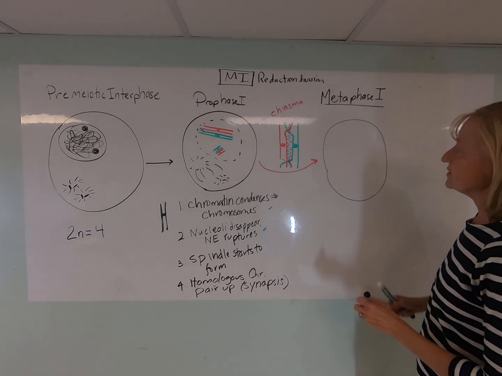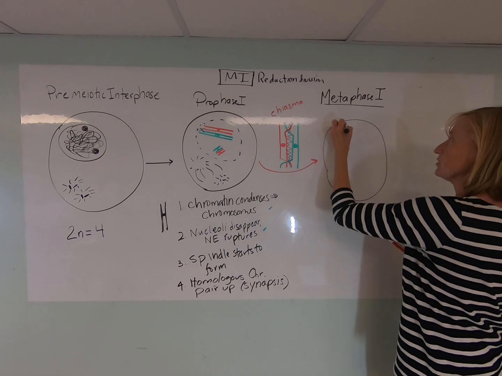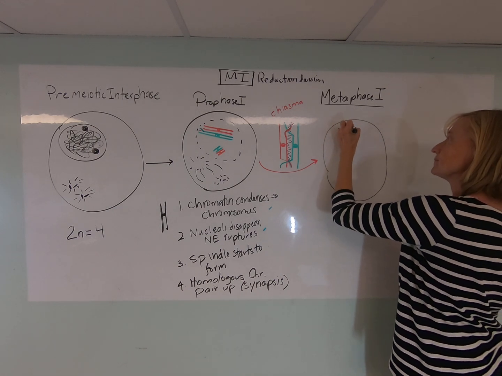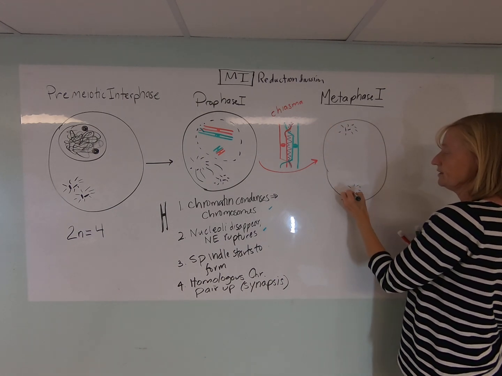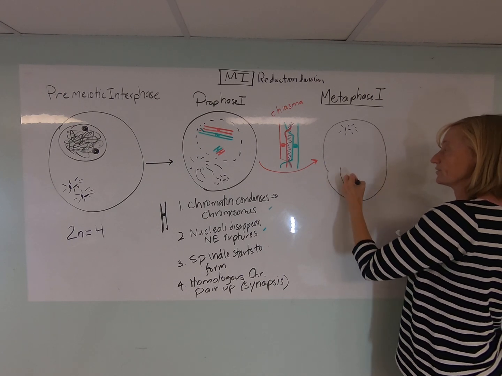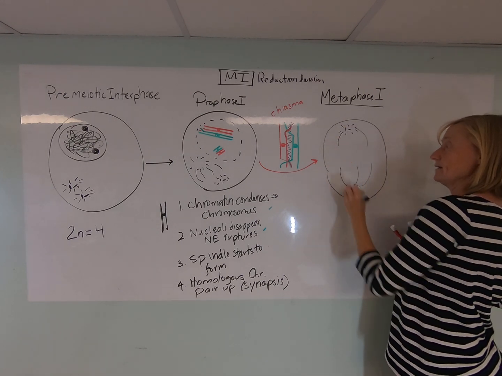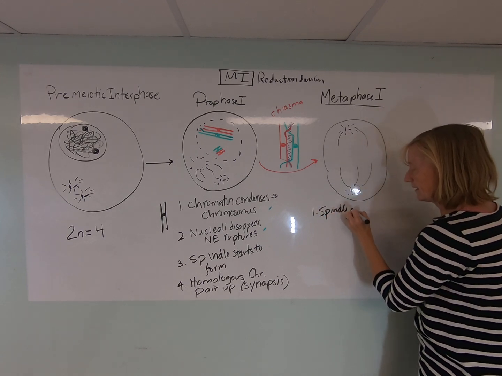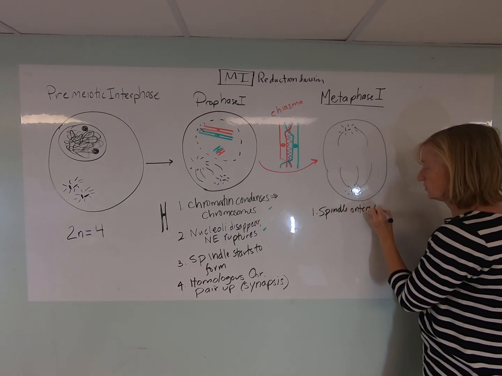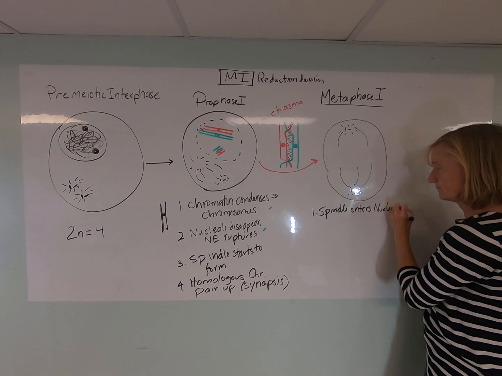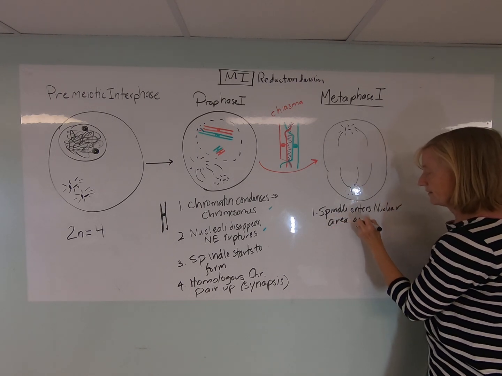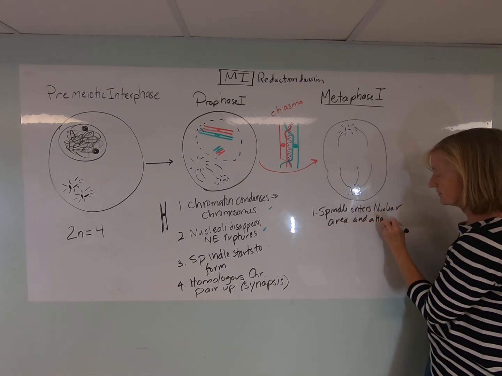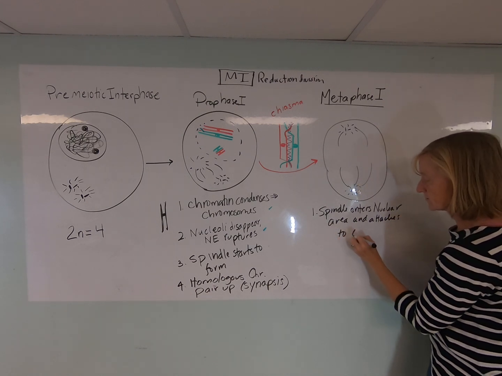All right, in metaphase 1, the spindle has now entered the nuclear area. Okay, so let's write that down. Spindle enters nuclear area and attaches to the chromosomes.